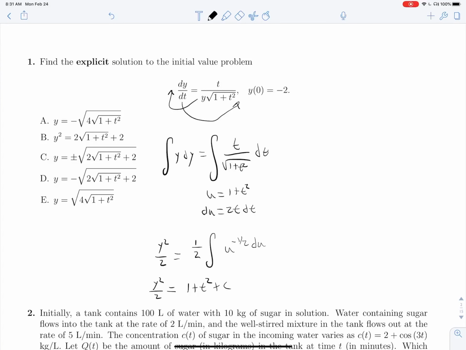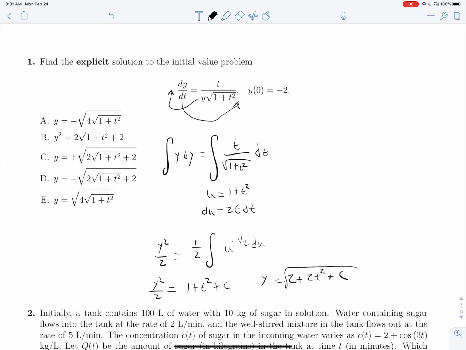Okay, so let's multiply everything out. Let's put this in an explicit form. We'll get y squared is equal to 2 plus 2t squared. And I'm not going to write 2c because that's just another different constant, so I'll keep it as c. And then we're taking a square root.